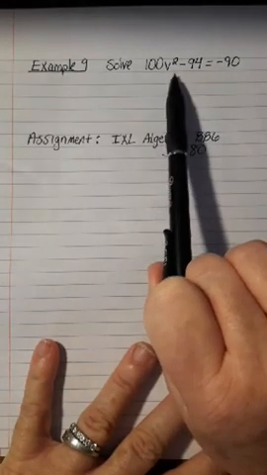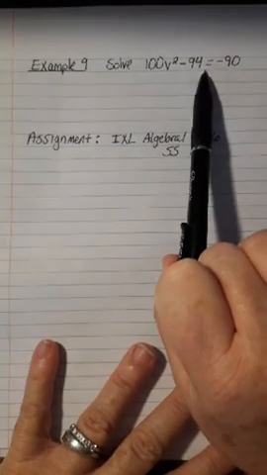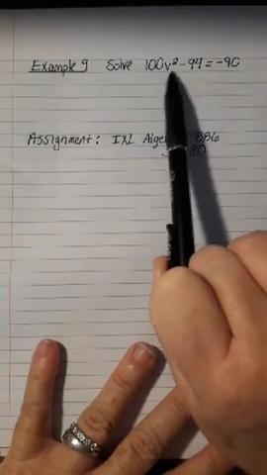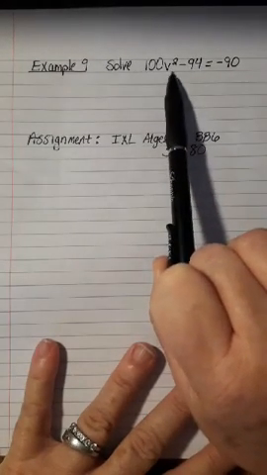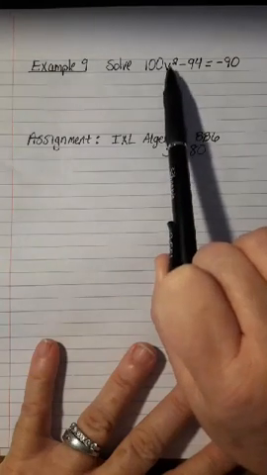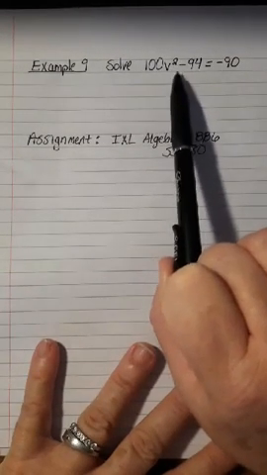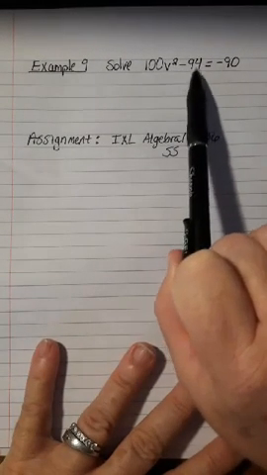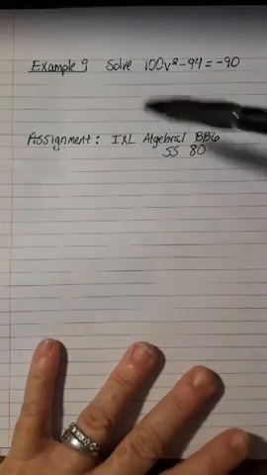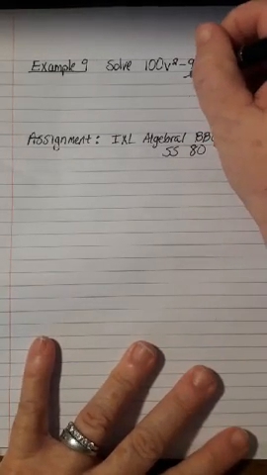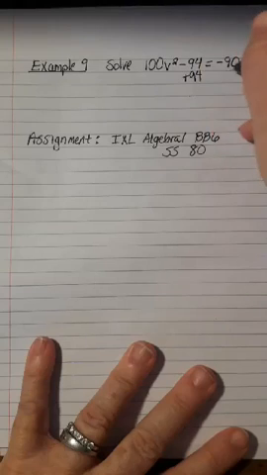You've got 100 v to the second minus 94 equals negative 90. And remember, you're trying to solve for v. But now before you take the square root to get that v, you've got to take this minus 94 and get rid of that. So we're going to say plus 94 on both sides.